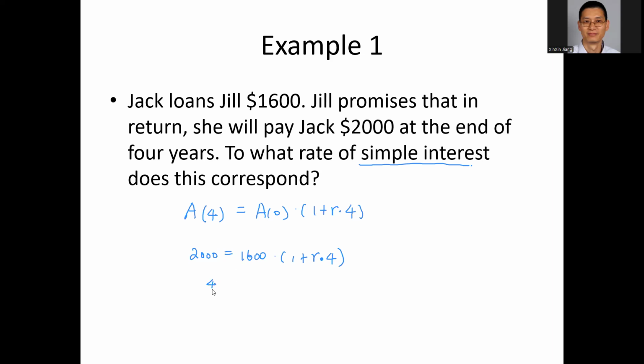So then you calculate it out. You have 2000 divided by 1600, minus 1, then divide by 4, you get R. So the answer, I guess I'm not going to calculate it, 6.25.